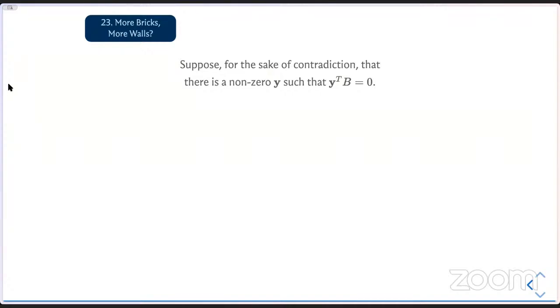So think of y as being indexed by all the k-sized subsets of n. It's a long vector, and we know that it's non-zero, so there must be some k-sized subset for which y indexed at that subset is non-zero. Let's call that k naught, which is a bit ironic, but at k naught, y is non-zero.